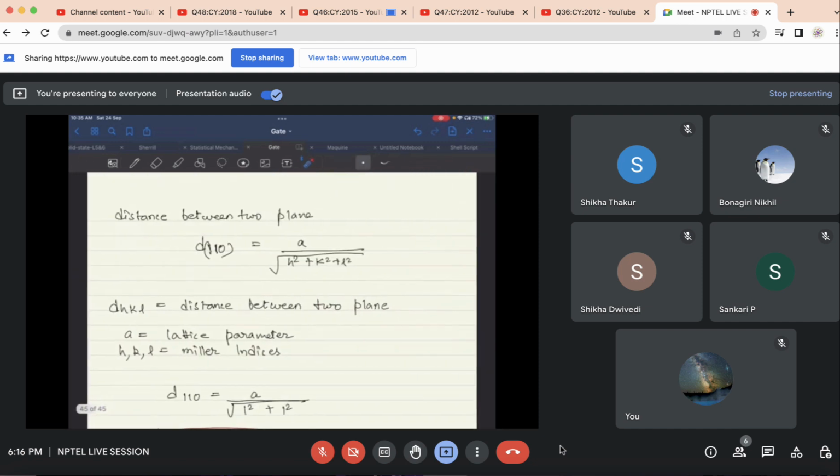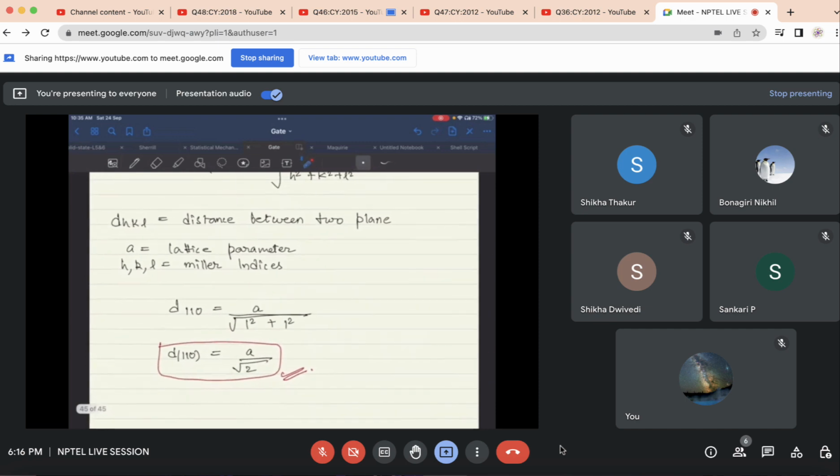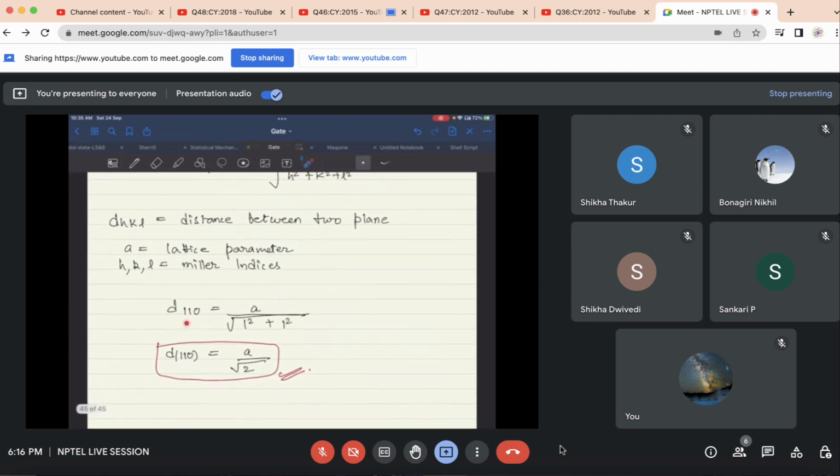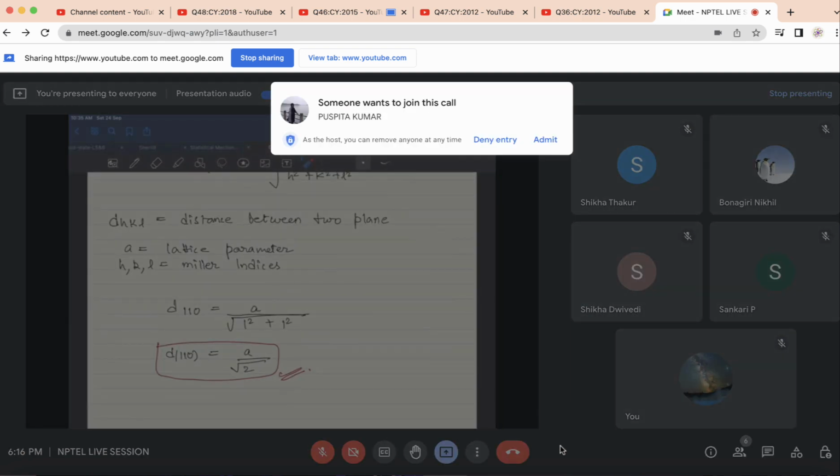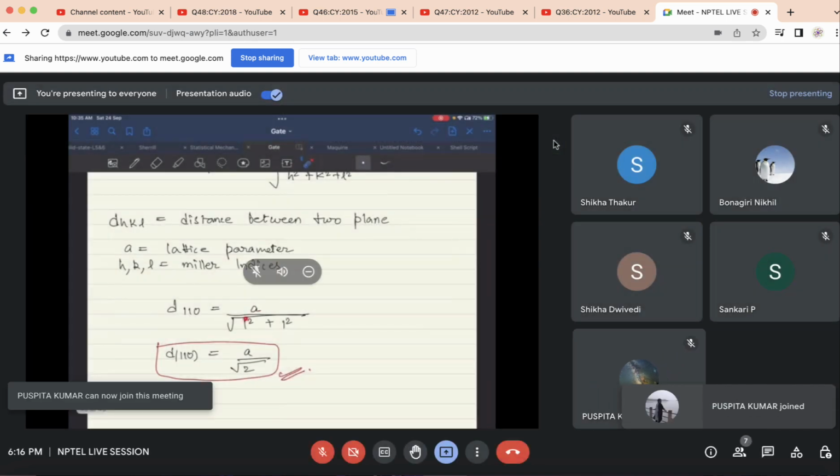So to find the distance between these two planes, we need to apply this formula: the distance between two planes, d_hkl, is equal to a, my lattice parameter, divided by the square root of h squared plus k squared plus l squared, that is my Miller indices. Now my d_110, the distance between these two planes, will become a upon the square root of 1 squared plus 1 squared, that is root 2.